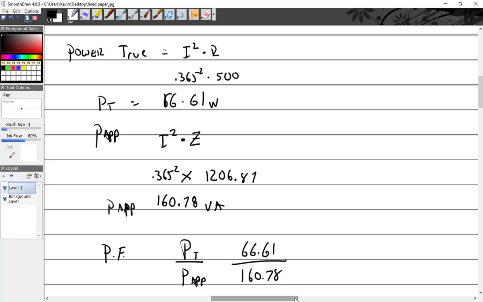Please be a number between 0 and 1. 66.61 divided by 160.78 is 0.414. So power factor equals 0.414. No units, it's just a ratio.